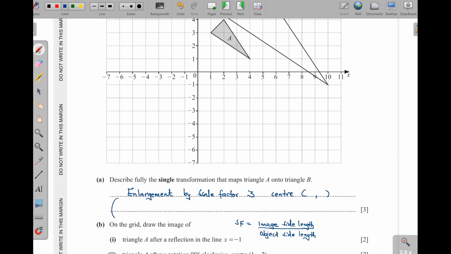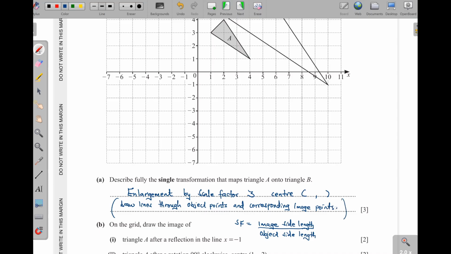Then to get the center of enlargement, we draw lines through object points and corresponding image points.